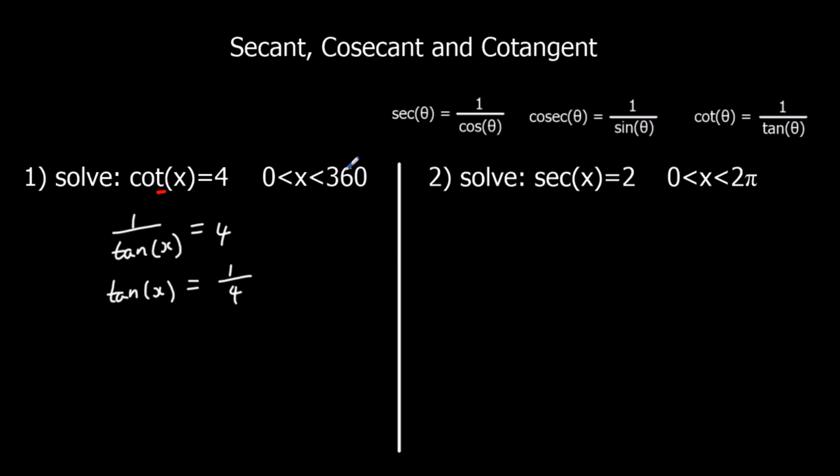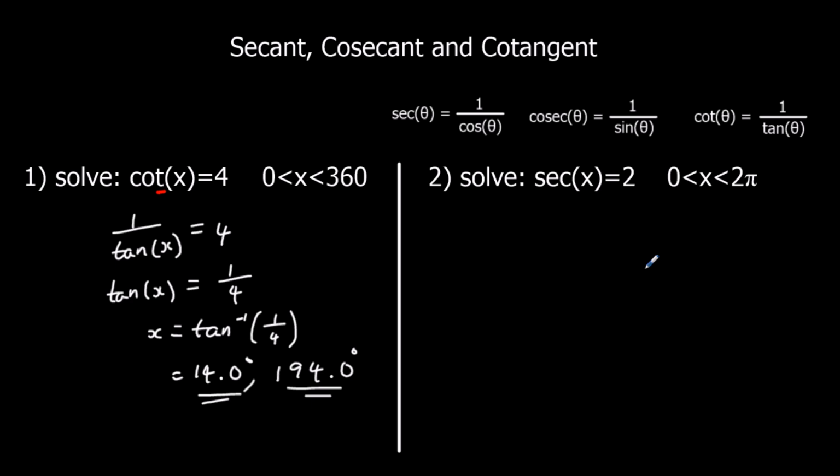We're in degrees, so we're going to shift tan 1/4, and that's 14.0 to 1 decimal place. And we're in tan, so it repeats every 180 degrees. So if we add 180, that's 194.0. And those are our 2 answers.